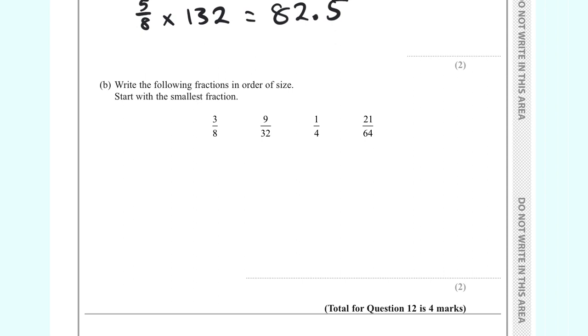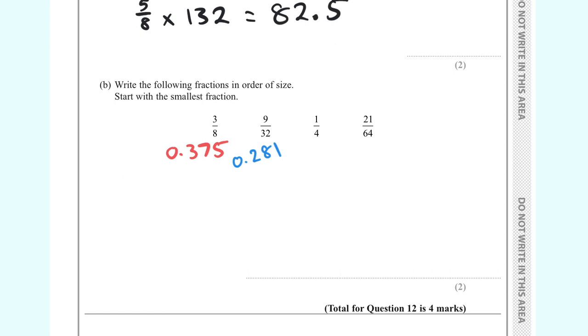So I'm going to put 3/8 in my calculator. Alright, 3/8, which is 0.375 as a decimal. And then I'm going to do 9/32. If you're not sure how to do the fraction key, you can just put a division in, that's fine. The second one, we've got 0.281.